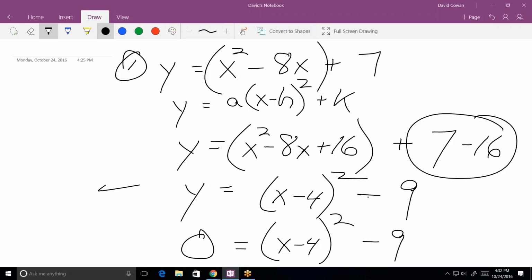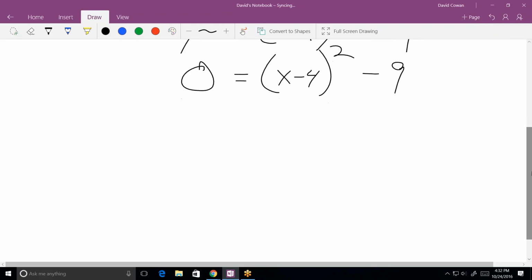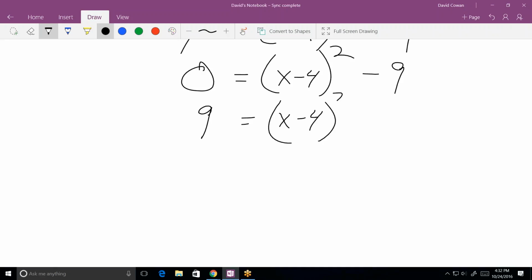But I suspect they want you to solve it once you've gotten it into vertex format. How can I solve this? Could you add 9 to the other side and then square root those? Perfect. So there's step 2.